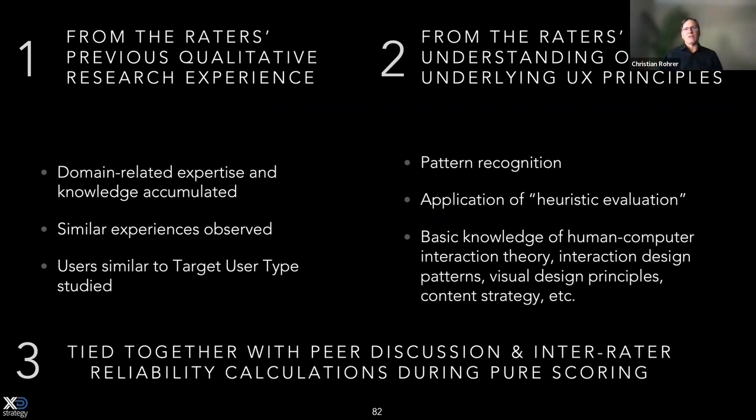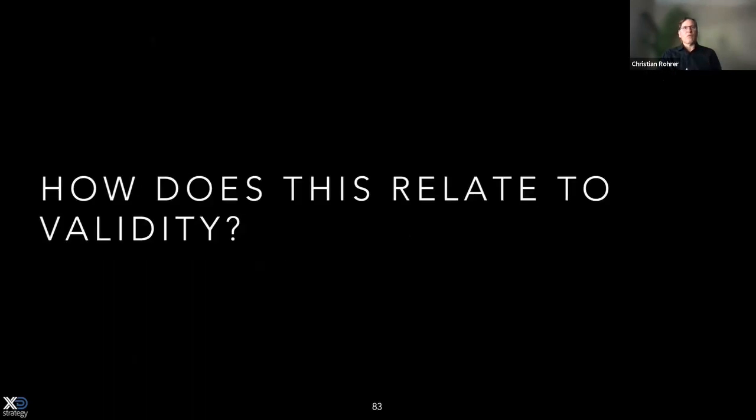If you've been doing this for a while, you probably have these in the can, if you will. And then the PURE method defines a way that the team produces the ratings through discussion and iterative reliability to hold them to a certain standard. I'm not teaching you how to do PURE. I'm just giving you a little bit about how that works.